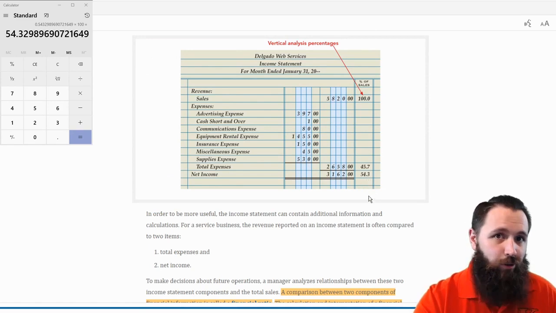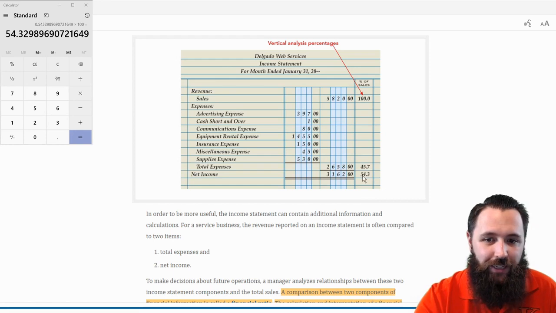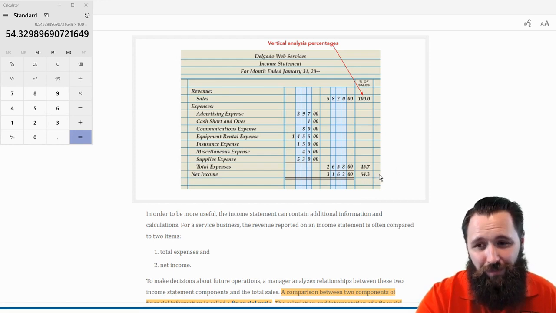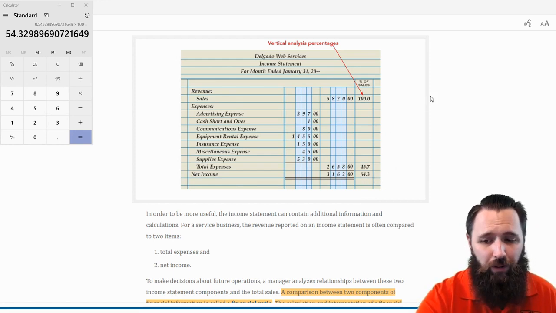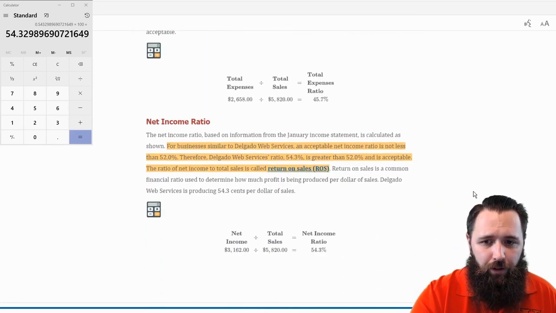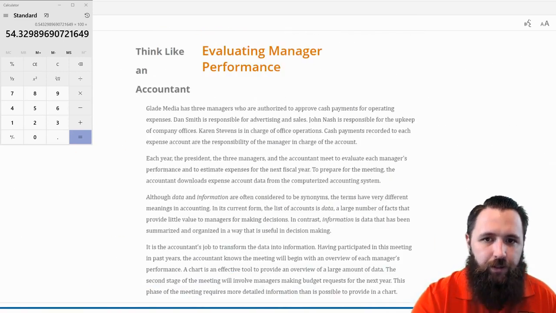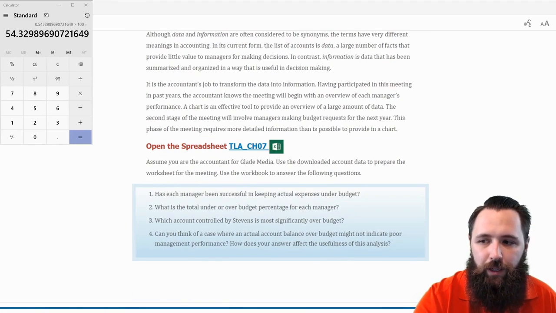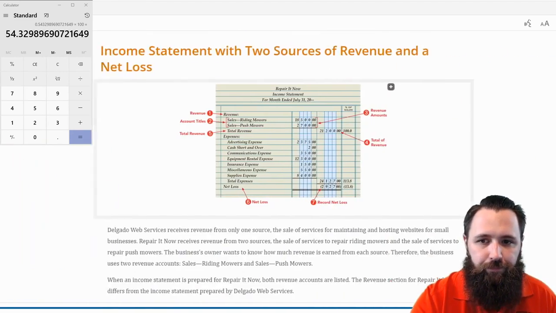That's what we get to hold on to and keep in our business. So that number is really important. A lot of fancy terms, but the actual steps in completing it are not too bad.